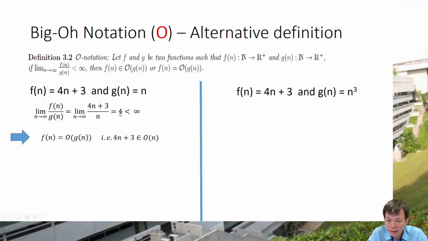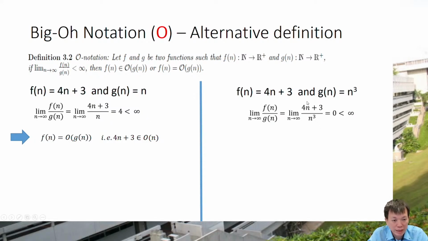So if the limit is less than infinity, I can easily conclude that f(n) is in O(g(n)), because both are linear functions. You can easily tell both functions are linear, so the limit is a constant, definitely less than infinity.